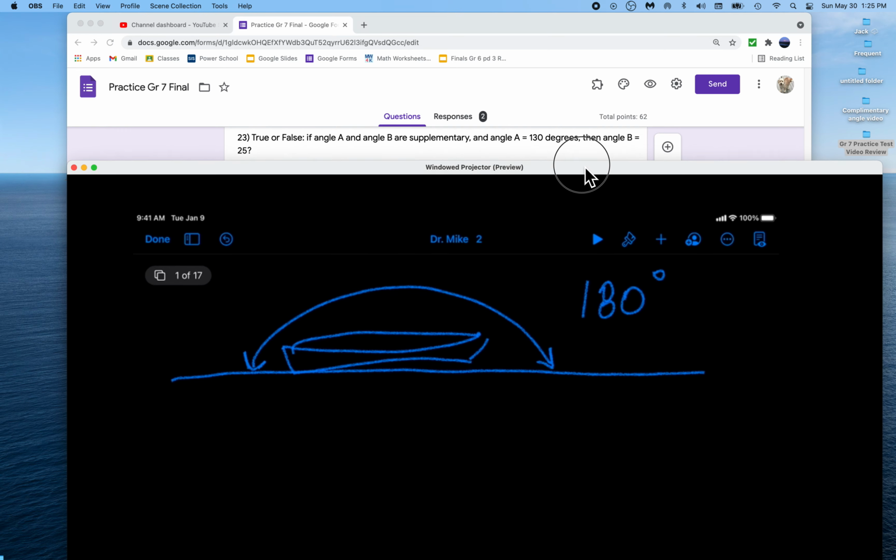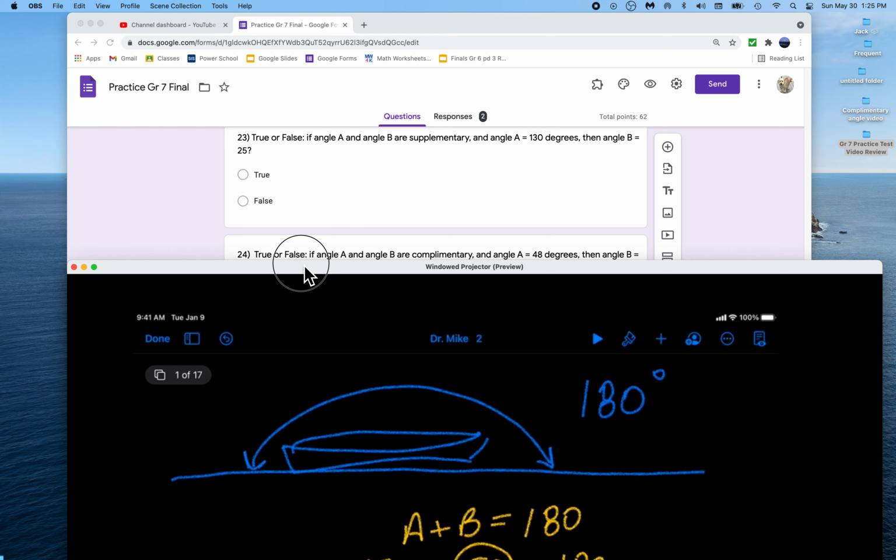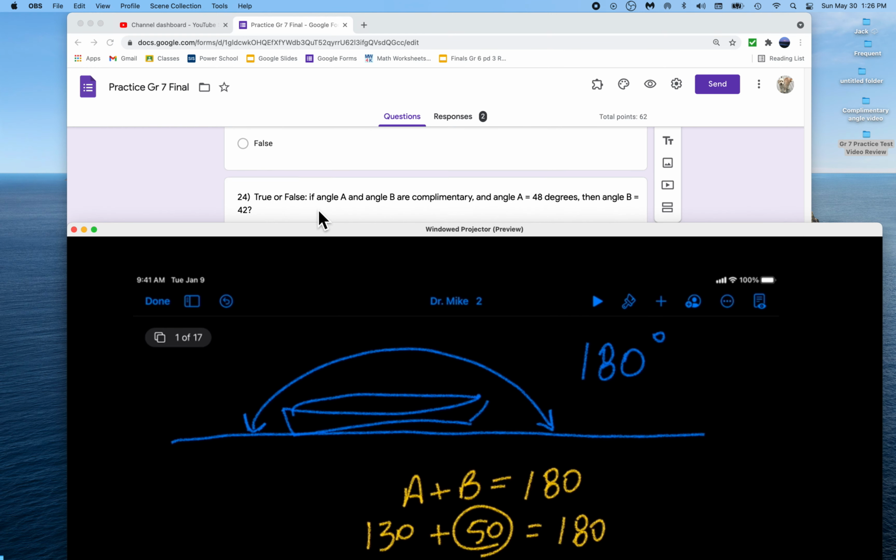Okay, so here we go. We have angle A and B are supplementary. Angle A equals 130. Does B equal 25? True or false? So we know A plus B is going to equal 180. They say that A is 130. Then we know B has to be 50 to get to 180. Here, they say B is 25. That means it's a false statement.